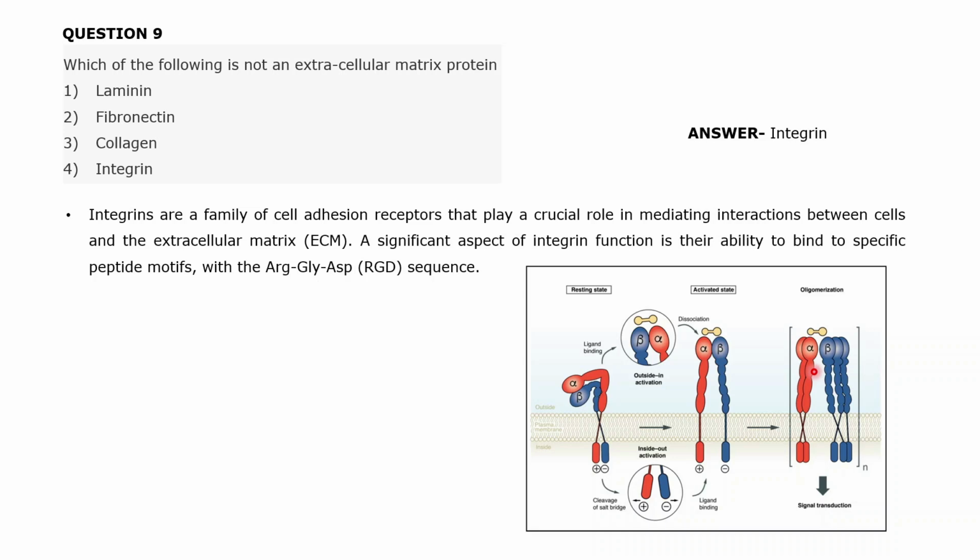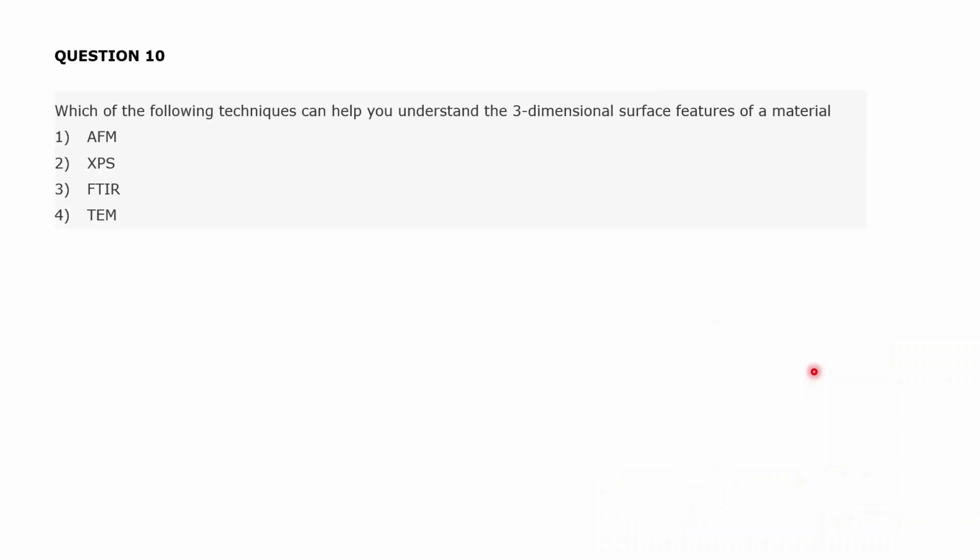Sorry, not dimerization, oligomerization. So coming on to question number 10. Which of the following techniques can help you understand the three-dimensional structural features of a material? The first one is AFM, XPS, FTIR, or TEM. Which might be the answer? I am getting option number 1. Anyone has any other option or any other answer in mind?